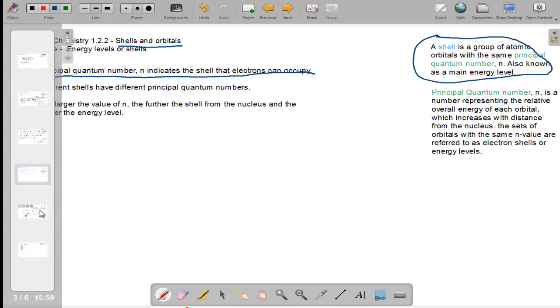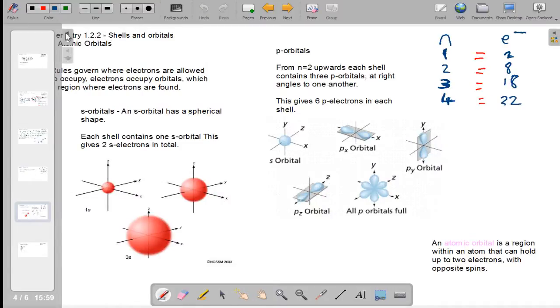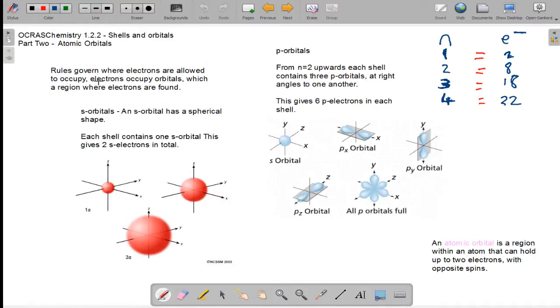So looking at the shapes of them, rules govern where electrons are allowed to occupy. Electrons occupy orbitals, which is a region where electrons are found. S orbitals are spherical, and they gradually get bigger as you work away from the nucleus. P orbitals are sort of oblong shaped things.